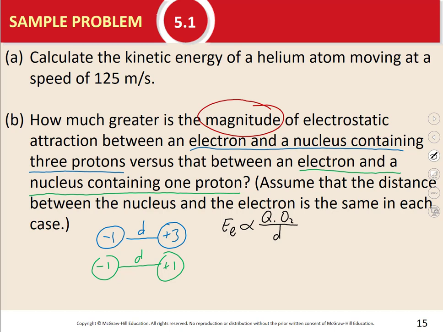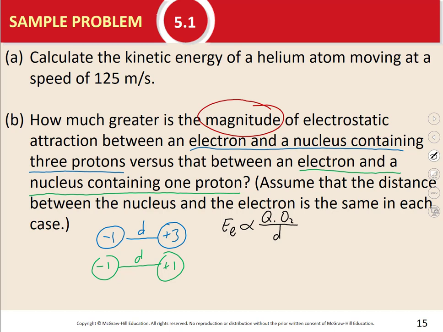Magnitude means like the size of it, right? Yeah. So does it matter whether we're going to get a positive or negative number? No. So if you had something that had negative 75 joules, what's the magnitude of energy? 75. Good. So by magnitude, that means we're going to ignore whether it's positive or negative.